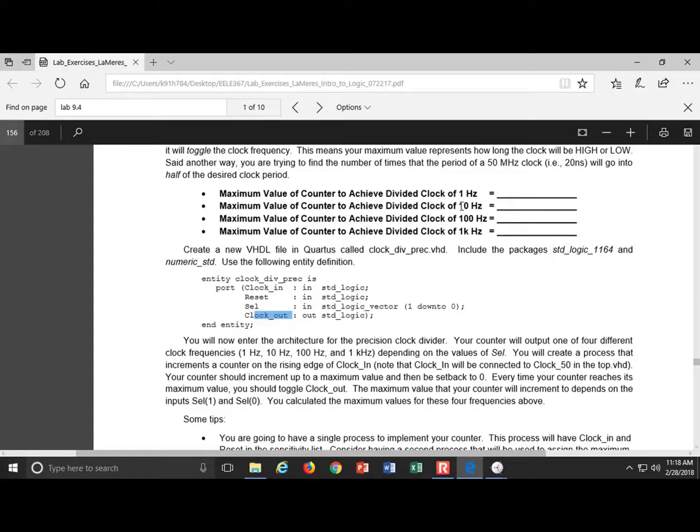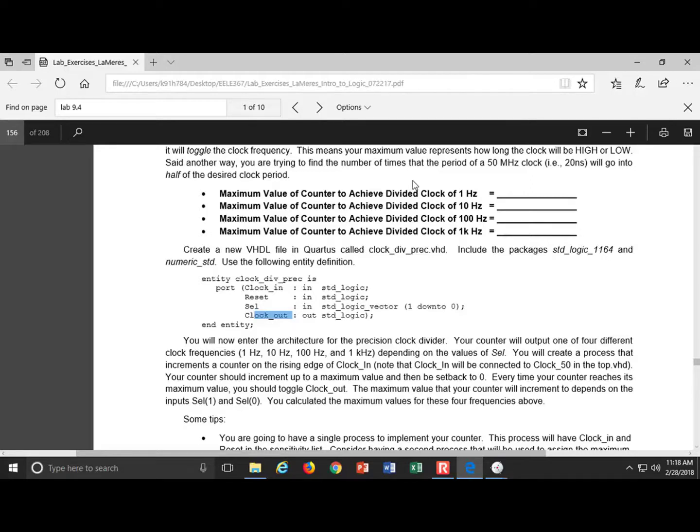Or you could have one process that generates the clock, and you would change something based upon the incoming select lines. What would you change in a process with range checking to change the maximum value it will count up to? Change the range.